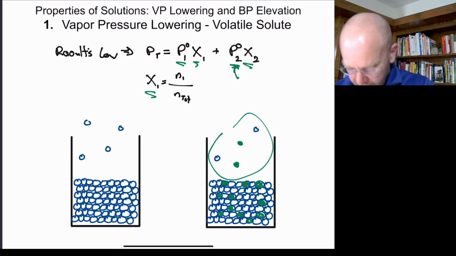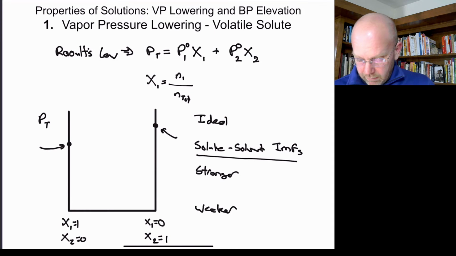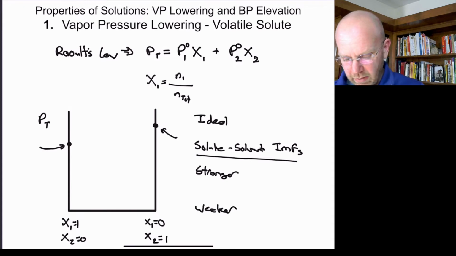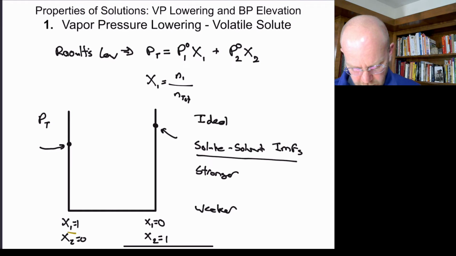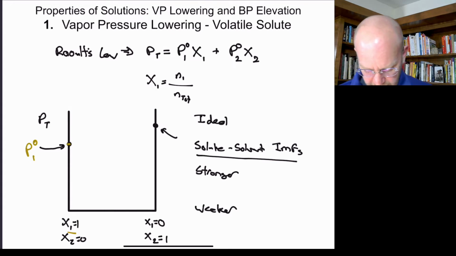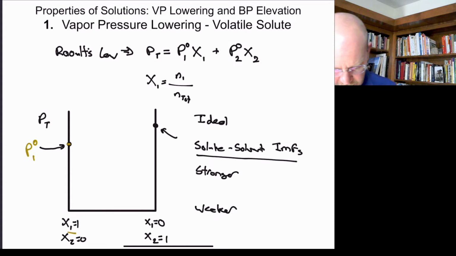Now, the thing that I just described kind of makes sense. And so we can do a quick plot of what that would look like. So if we had only x1, only the solvent, and I call this the pressure here, I'm just going to call this P1 naught over here. If we had a mole fraction of 1, that would be the pressure because there would be none of the volatile solute.